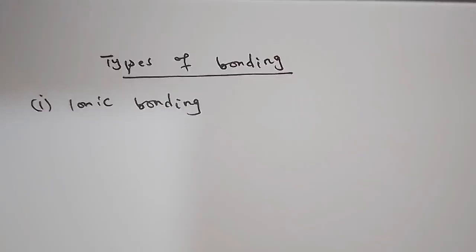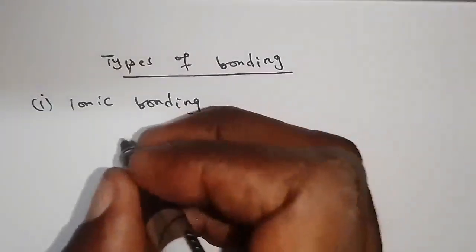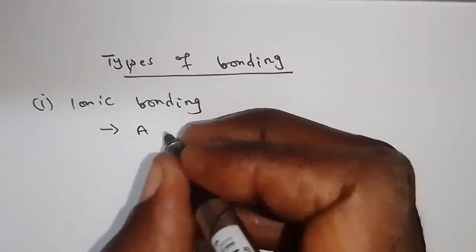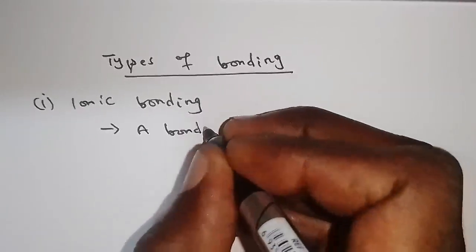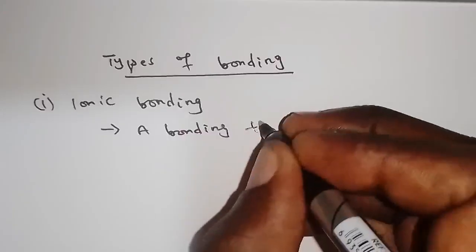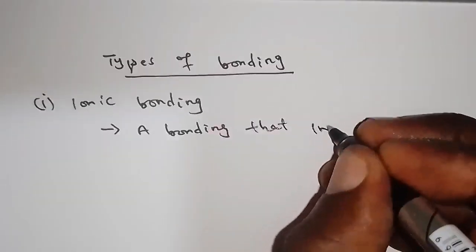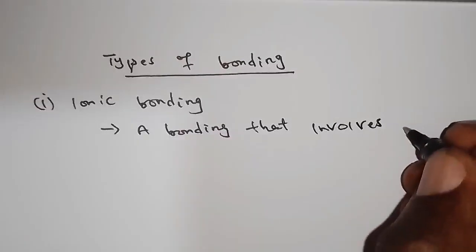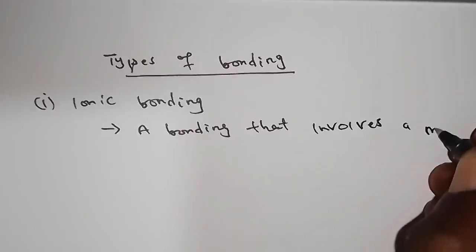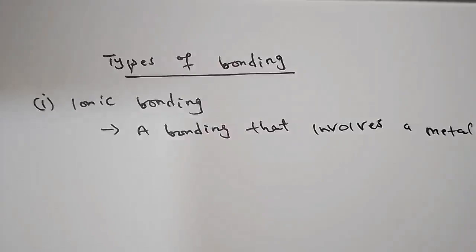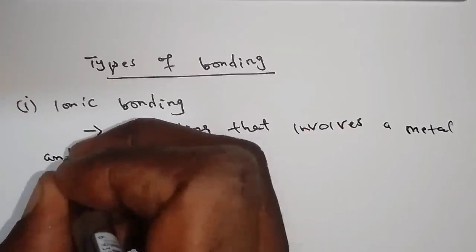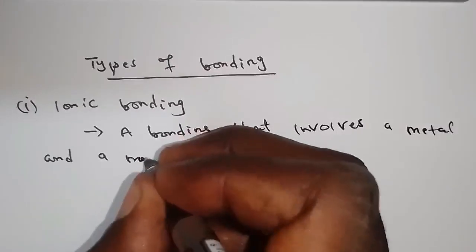So under ionic bonding, you can just say a bonding that involves a metal and a non-metal.